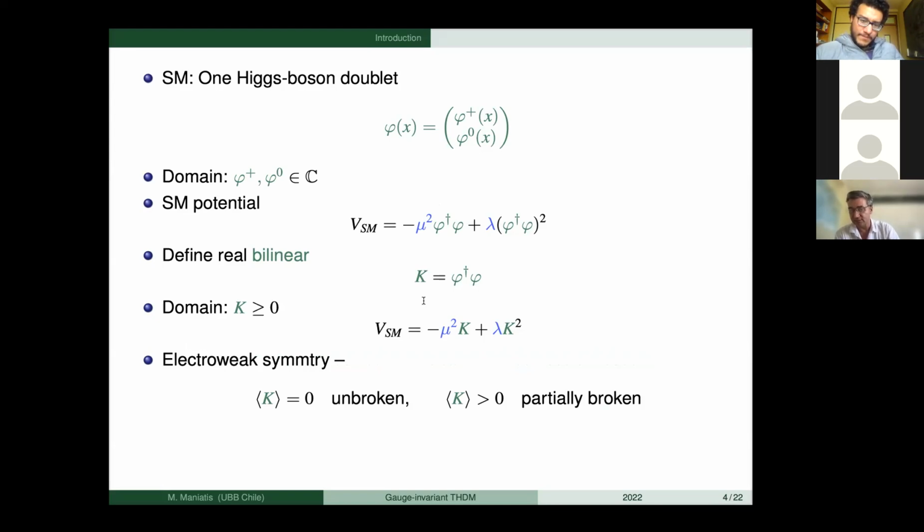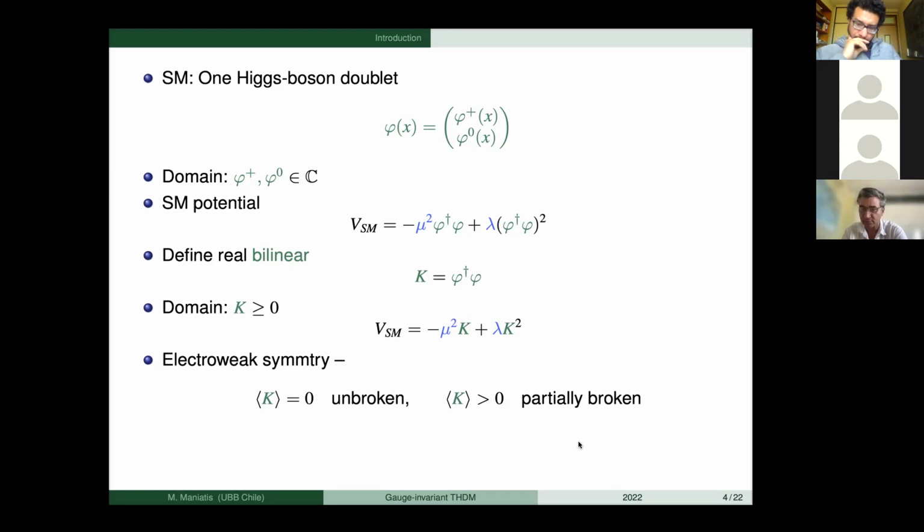Usually it's not done in this way, but we can do that, and we see that we have a real potential, and we can understand electroweak symmetry breaking easily, as a motivation for how to do it in the Two-Higgs doublet model or in the N-Higgs doublet model.